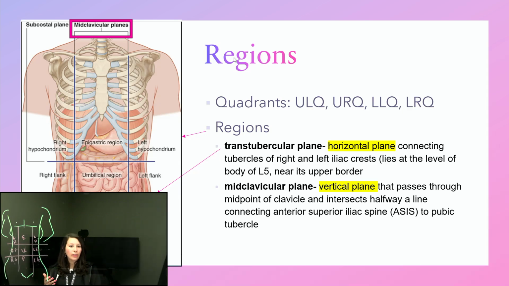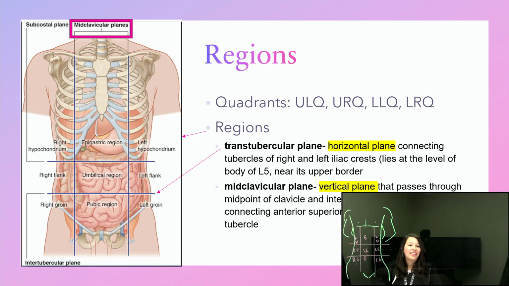If you notice on this picture, I'm going to put myself to the other side so you can see the picture, where you can observe certain specific organs in each region. For example, the most obvious one is the epigastric region, where you can see most of the stomach. You can observe over here the gallbladder.